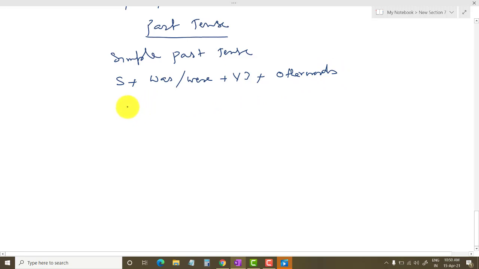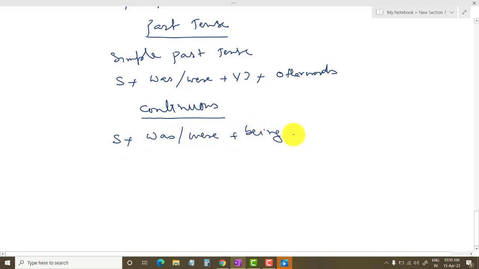Past continuous will be subject plus was, were plus being plus V3 plus other words.